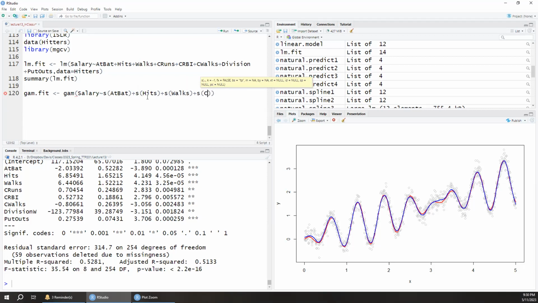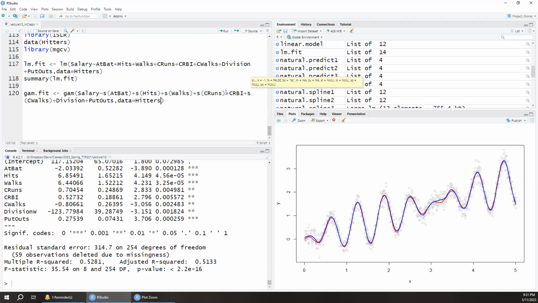And so this is going to prevent us from having an interpretable coefficient like we have in our linear model. But it's going to allow us to individually apply splines to the data. And we're going to see why that's useful in just a second.